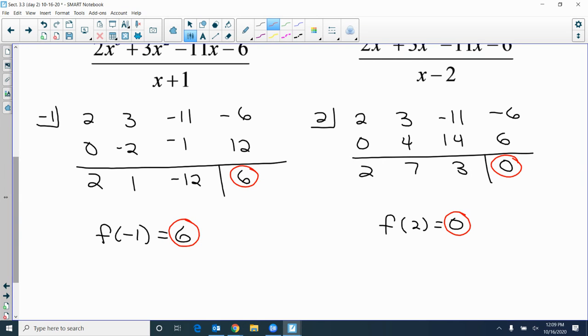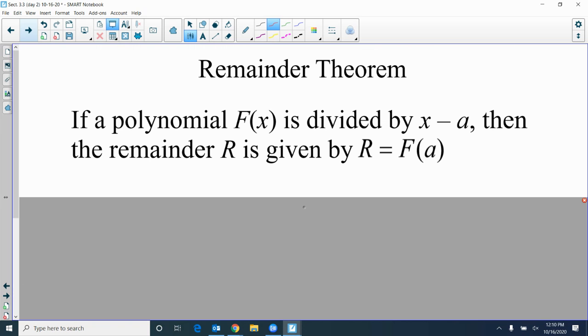So if you do synthetic division, and I put -1 here, if I divide by x plus 1 and put in -1, like a byproduct, this remainder is the same as plugging in f of -1. So if I divide by x minus 2 and I put the 2 here, the remainder is f of 2. So I kind of get some extra information. This is the remainder theorem.